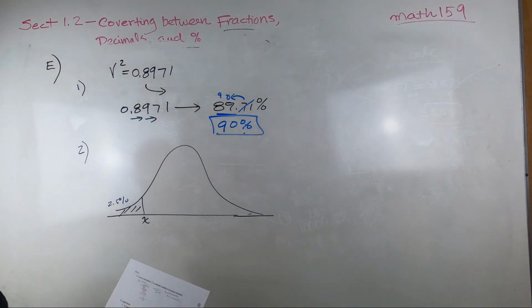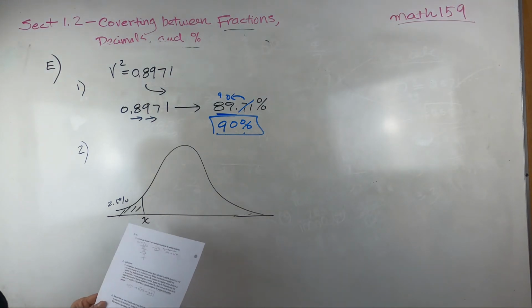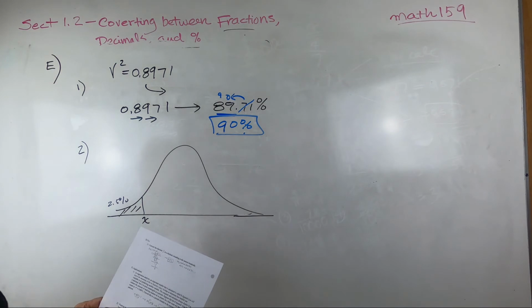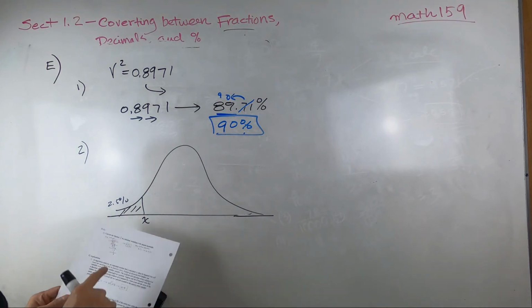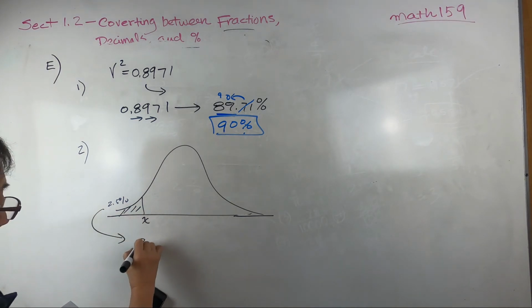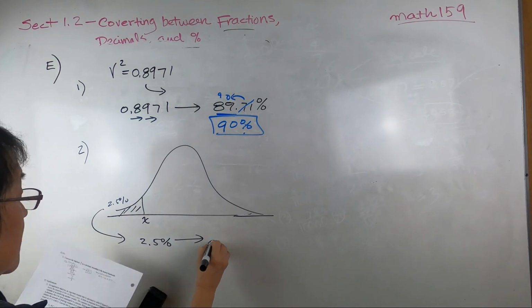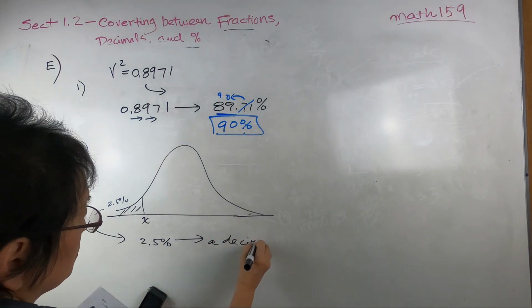But focus on the question. To answer the question, actually, it's very simple. It says, what decimal is equivalent to 2.5%? That means you are going to change from a percentage to a decimal. That's all you need to do.